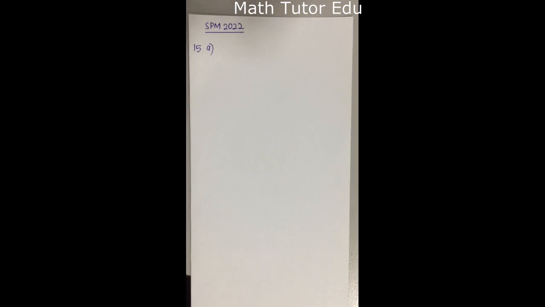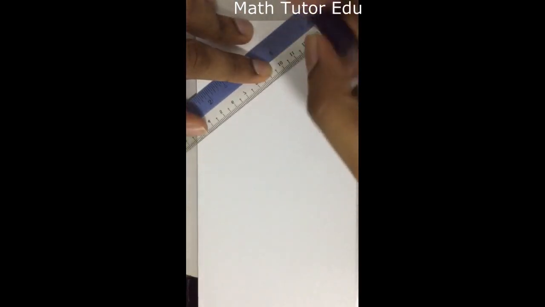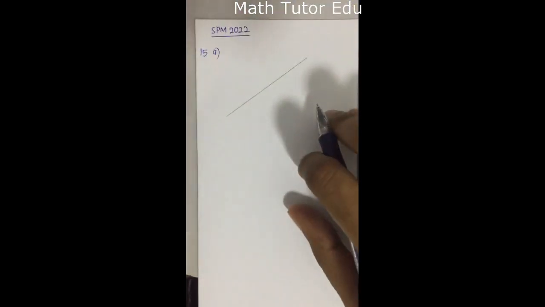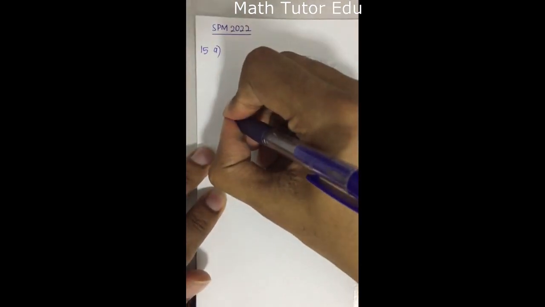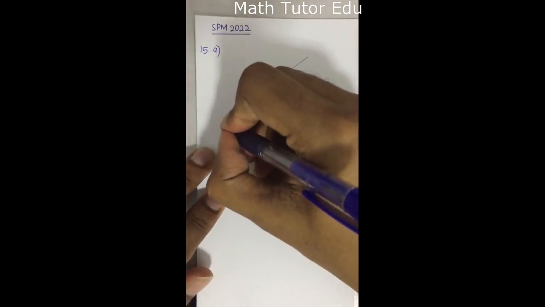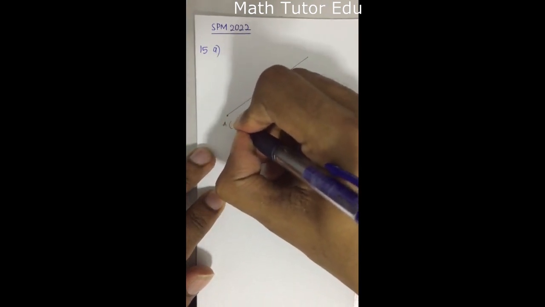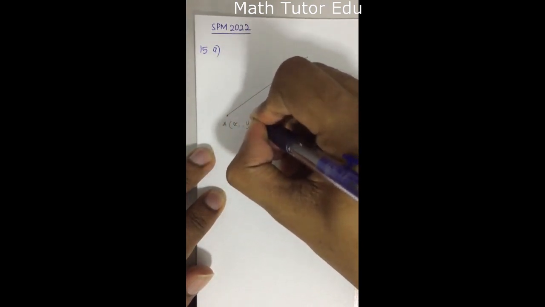The first step I will recommend to the student is you do a simple sketch. So from here, this is your coordinate A, which is x1, y1.